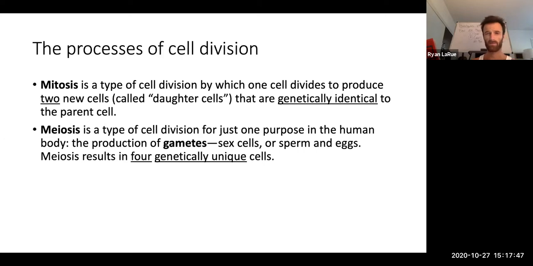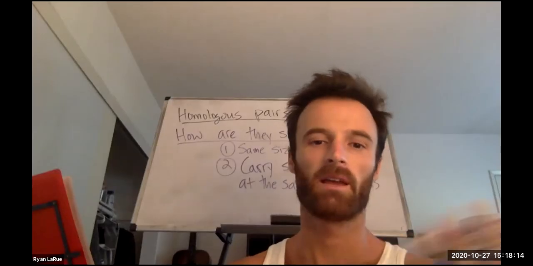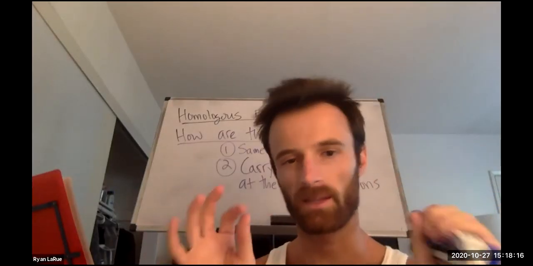Meiosis, on the other hand, is this different, unique form of cell division that occurs in only one cell type, and these cells will perform meiosis to generate gametes, sperm and egg cells. And the process results in 4 genetically unique cells. Now, you don't have to worry about the details at this time.